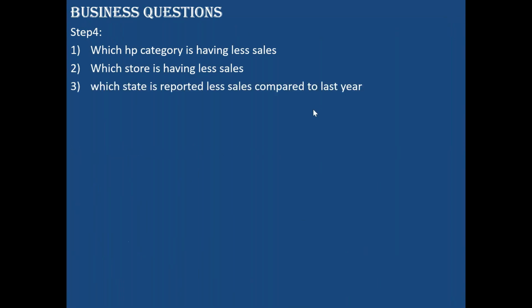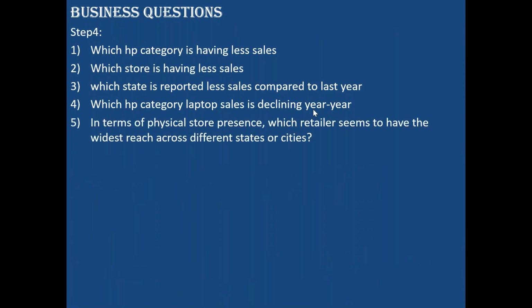Next, which state has reported less sales compared to last year? Next, which category of laptop sales is declining year on year? Let's say some category of laptop sales is going down: compared to 2013, in 2014 it is down, and compared to 2014, in 2015 it is going down. So we want to identify which are those.